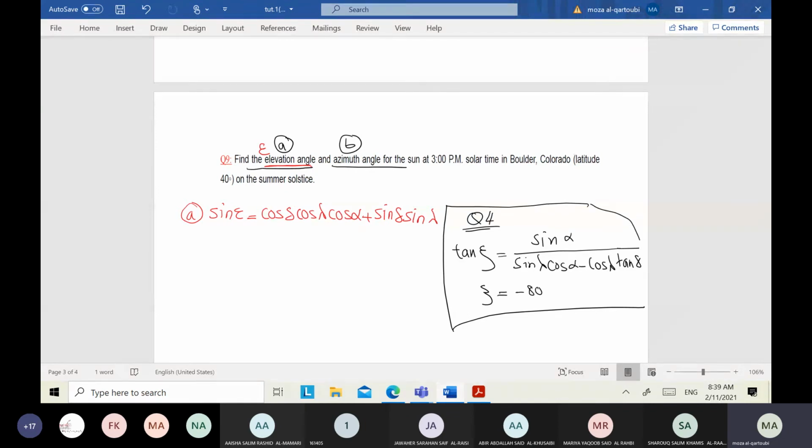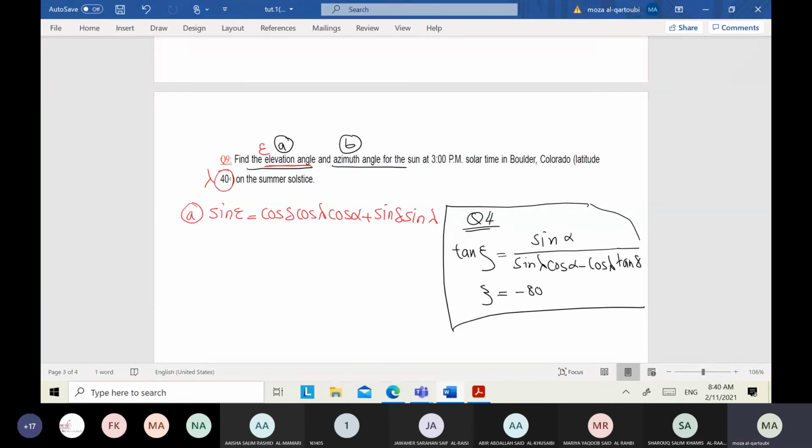So are any angles given in this question? We need to see the given data. Yes, given latitude. So latitude equal 40. Which angle is this one? Delta, lambda or alpha? Lambda. So lambda is directly given, equal 40. Also, we need alpha and delta.